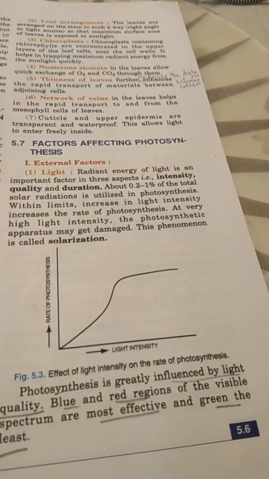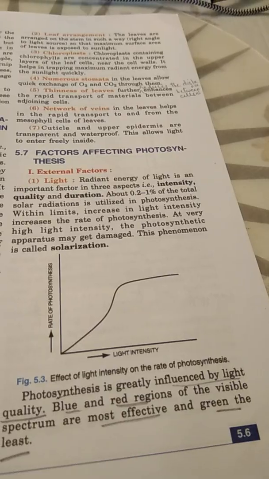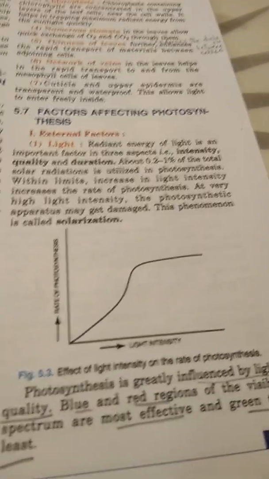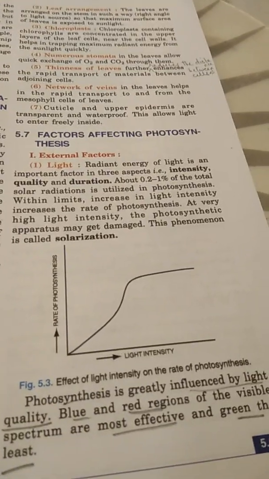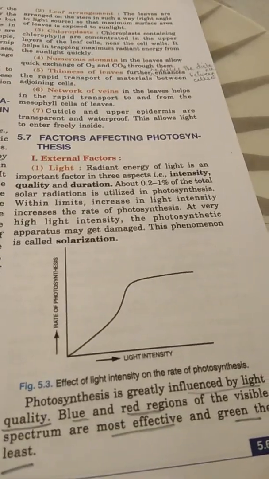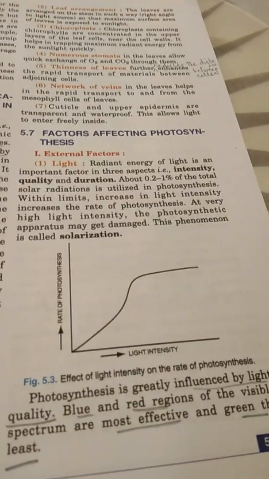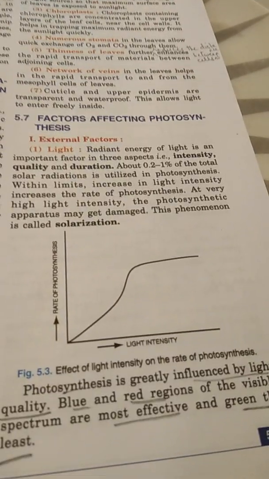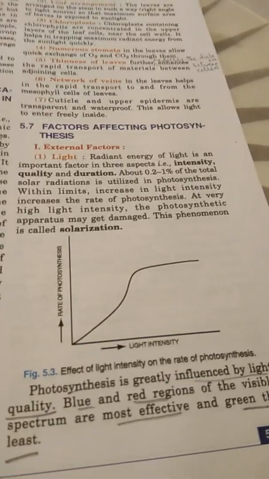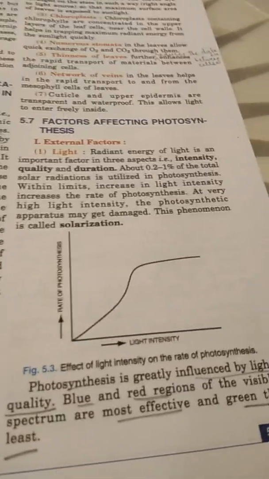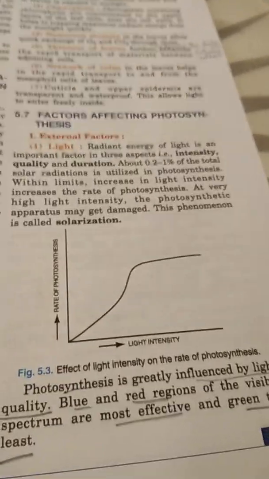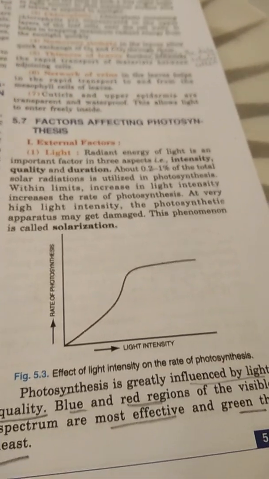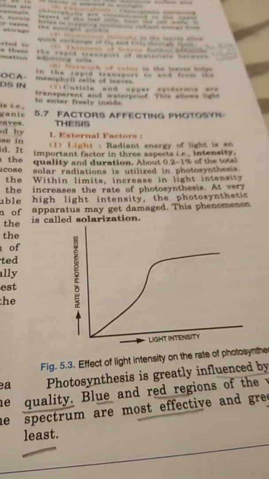So radiant energy of light is an important factor in three aspects: intensity of light. Strong light will speed up the rate of photosynthesis; the quality of light; and the duration of light, the time period of light on the leaves. All these aspects will affect the rate of photosynthesis.